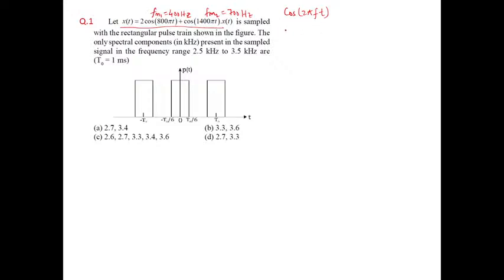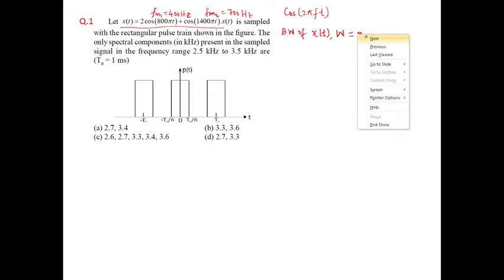Now what will be the bandwidth of the signal? Bandwidth of x(t), let us call it W. Since there are only two frequency components, the bandwidth will be the maximum of the two, so W will be equal to 700 hertz, which is simply 0.7 kilohertz.